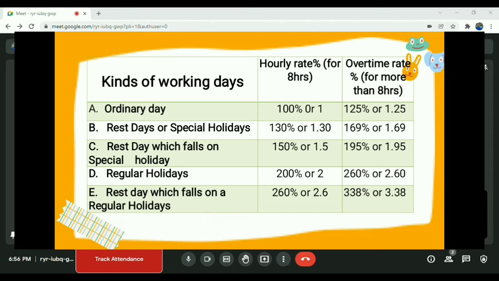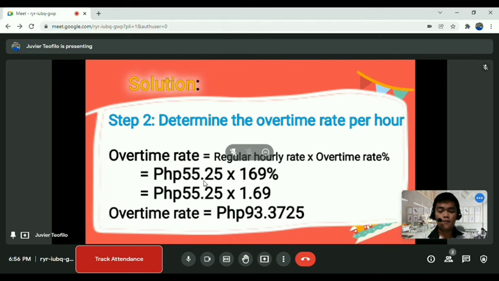But if our overtime hours exceed 8 hours, then we are going to use the 169% or 1.69. 55 pesos and 25 centavos multiplied by 1.69 is equal to 93 pesos and 3,725 centavos. This is our overtime rate.